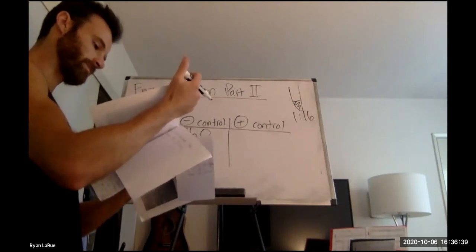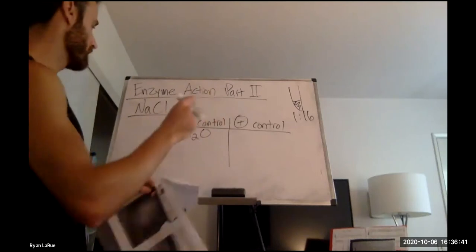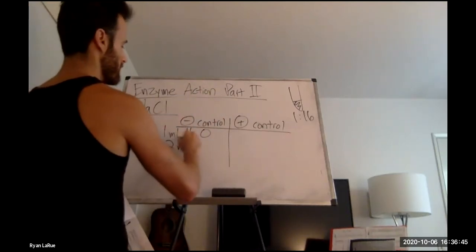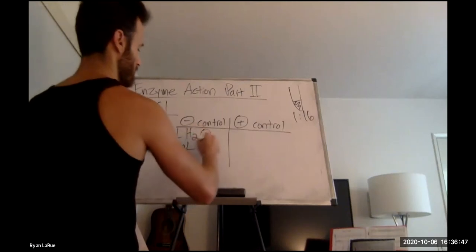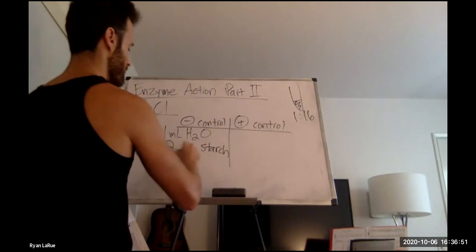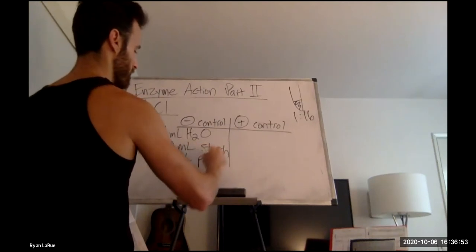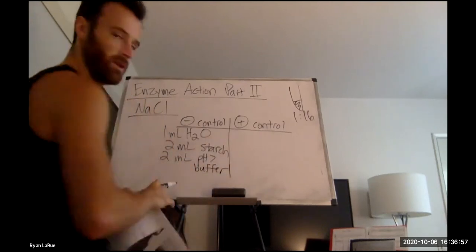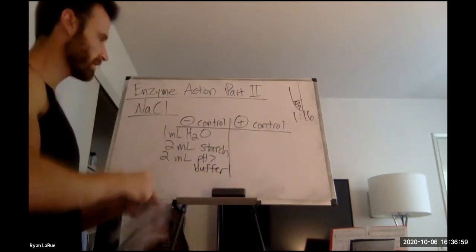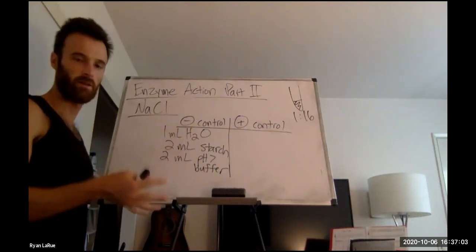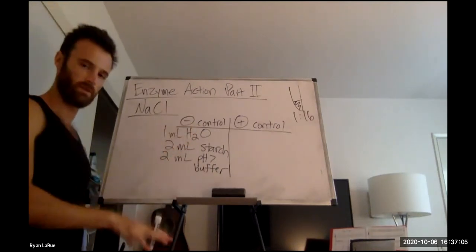1 milliliter of water, 2 milliliters of starch, and 2 milliliters of the pH 7 buffer from last week. That'll be your negative control. So water, starch, and buffer aren't gonna react, they're not gonna do anything, so you expect a negative result, right?